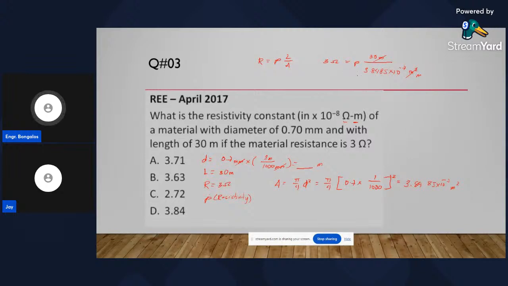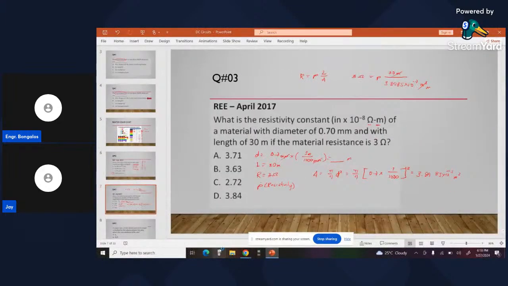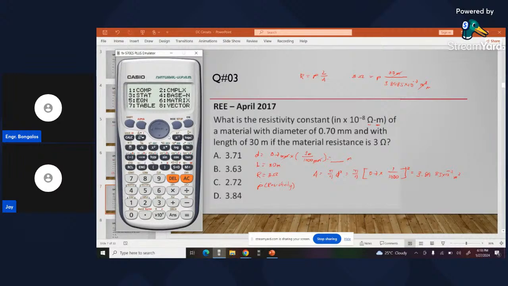So kapag nag-cross multiply tayo, sige use natin yung calcu. Okay. So 3 times 3.8485 times 10 raised to negative 7. Then divide natin siya by 30. So makukuha natin is 3.84. So yan yung tama sa sagot. Letter D.